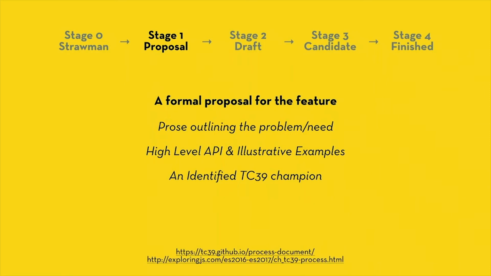And then, of course, an identified TC39 champion must be part of it. So you can propose the proposal at stage 0, they will talk about it, and then somebody from TC39 will say, okay, I'm also going to work on that proposal, and hopefully it will make stage 4 at the end.